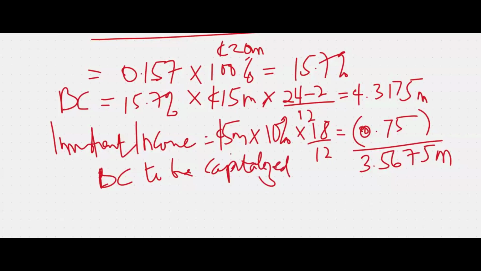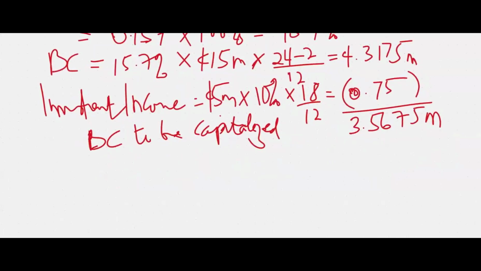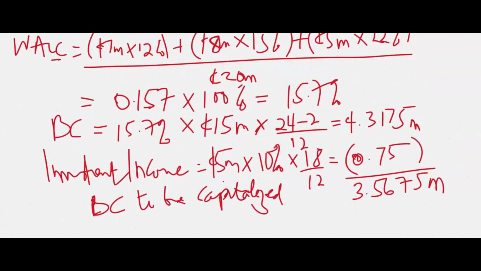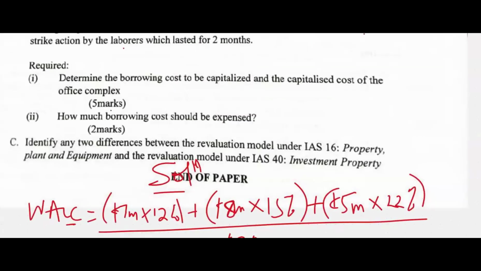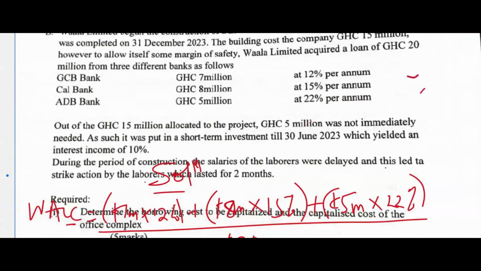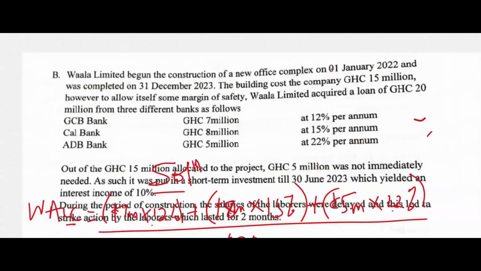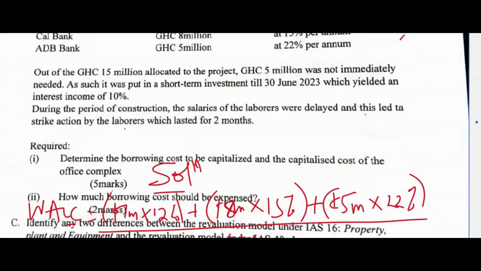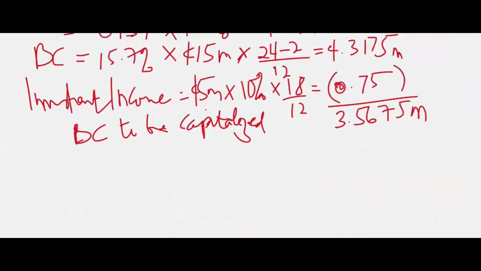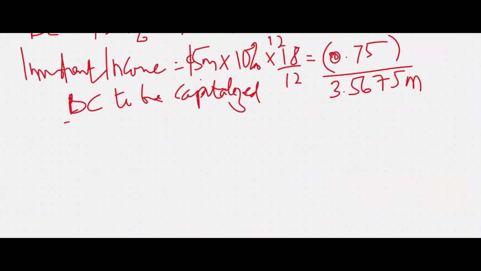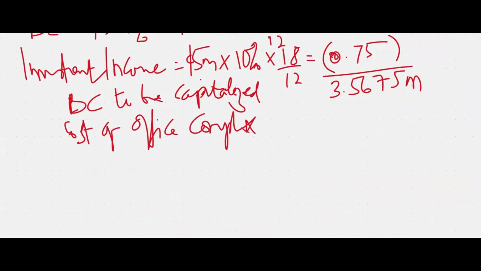Now, after you've gotten this, what is the question saying? It says, determine the borrowing cost to be capitalized and the capitalized cost of the office complex. So what was the cost of the office complex? 15 million, right? 15 million was the cost. So we'll come here with the cost of the office complex, 15 million.